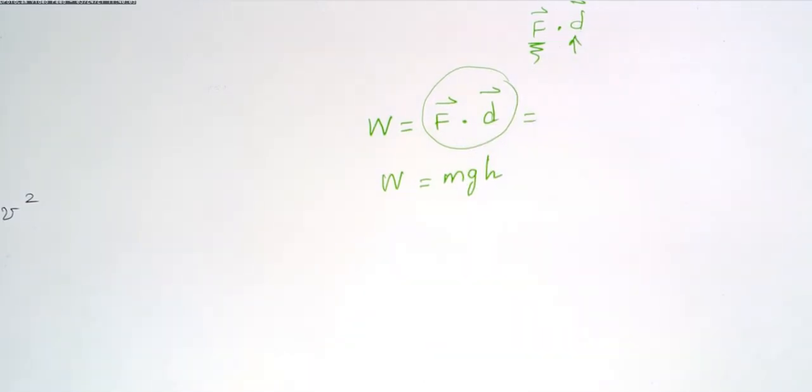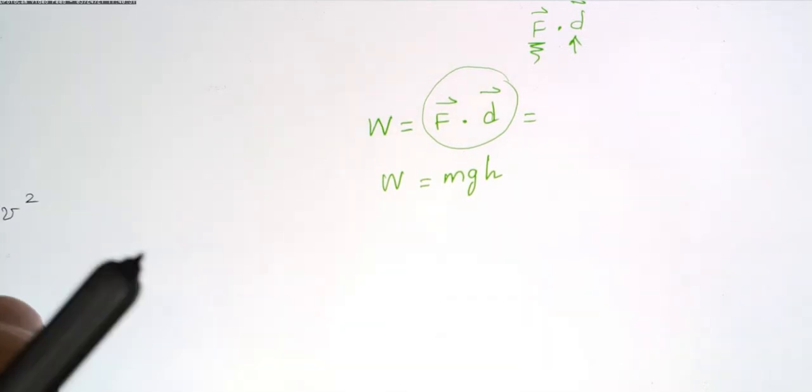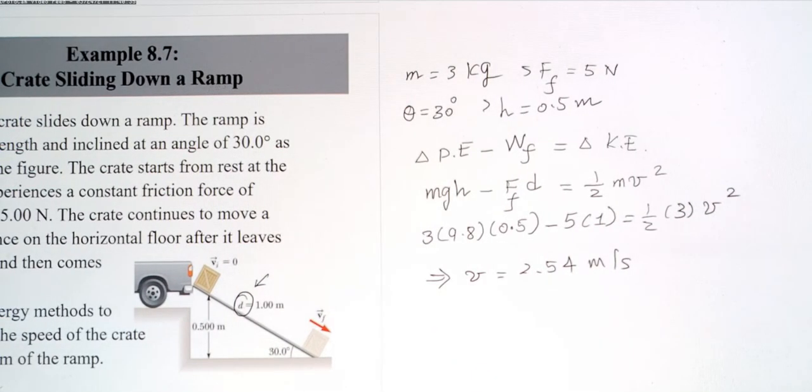That's what the dot means. It's the component of F in the direction of d, or the component of d in the direction of F. So it will be the same. Either way, it will give you the same answer.